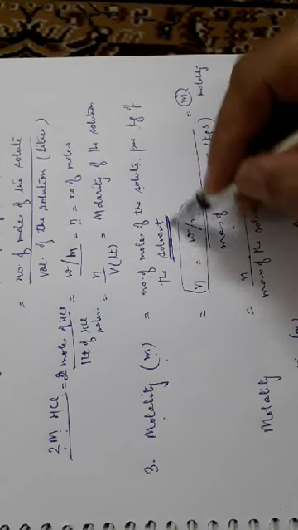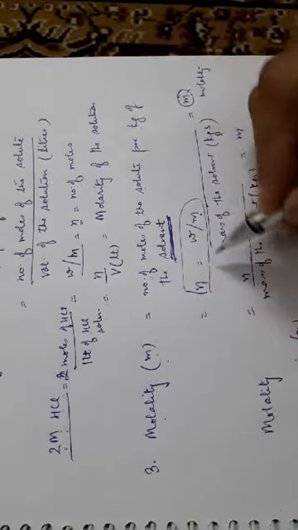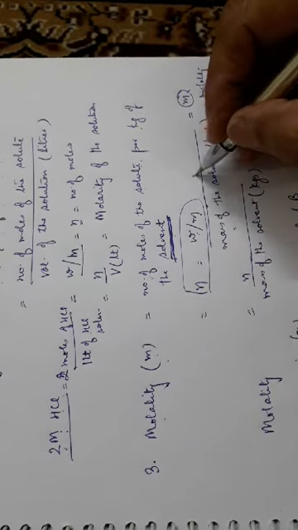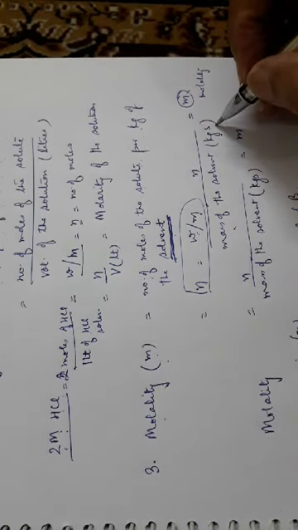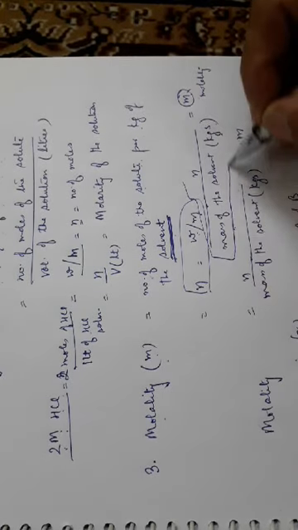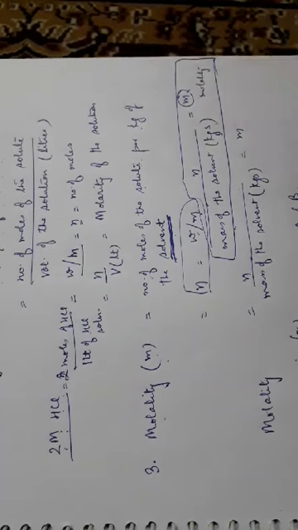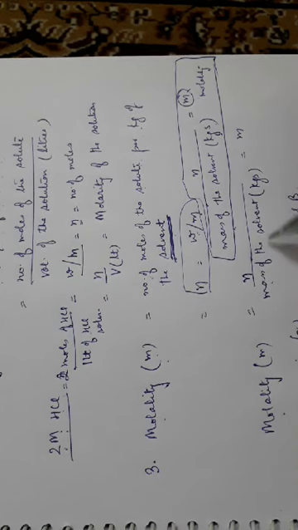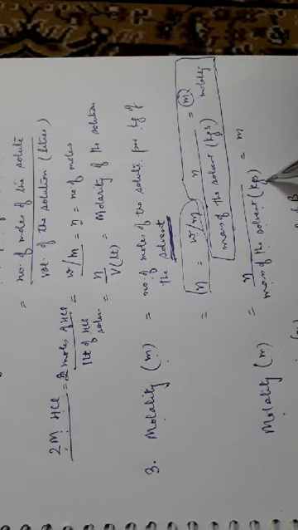Please underline solvent here. The number of moles is calculated as W upon M. So N upon mass of the solvent in kgs will be equal to the molality of the solution. I have written here again, molality, that is small m, is equal to N, the number of moles of the solute, divided by mass of the solvent in kgs.